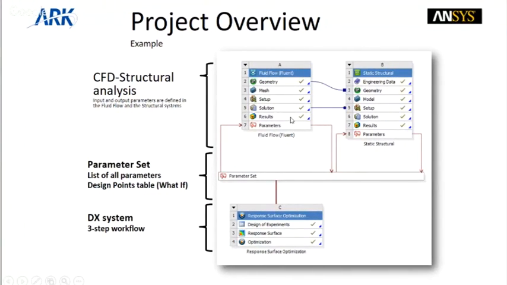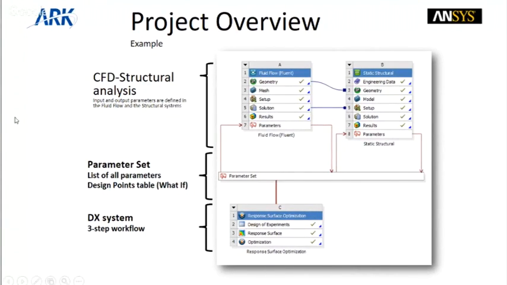First, we performed a multi-physics simulation which consists of a fluid flow and a structural simulation, so it is a case of FSI. We have taken certain inputs from the fluid flow analysis and from the static structural analysis, which created a parameter set with all the parameters in tabular format, having all the design points.